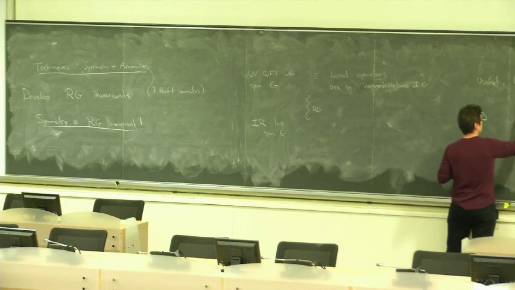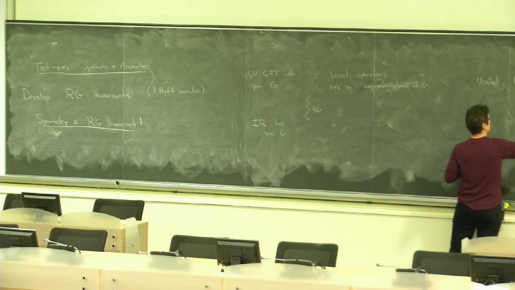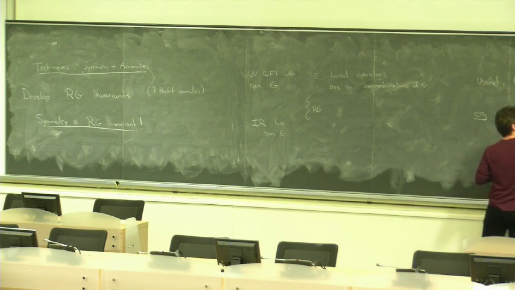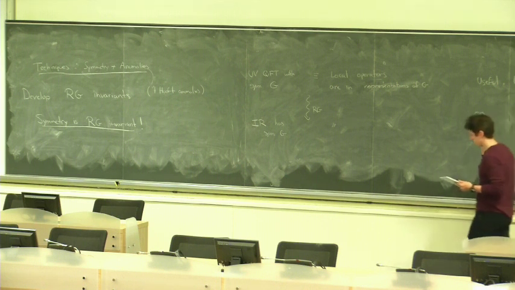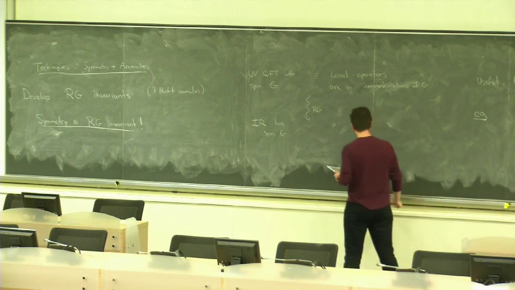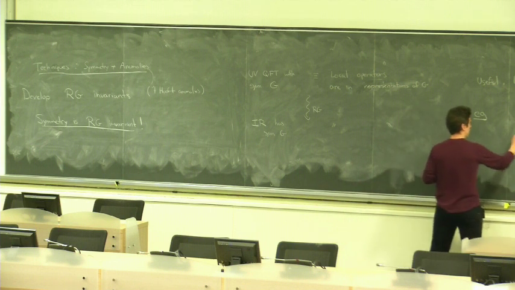You could take a massive complex scalar. So this, of course, in the ultraviolet has a U(1) symmetry, which rotates the phase of the field. But in the IR, it's trivially gapped.